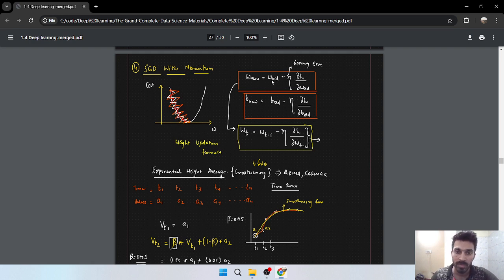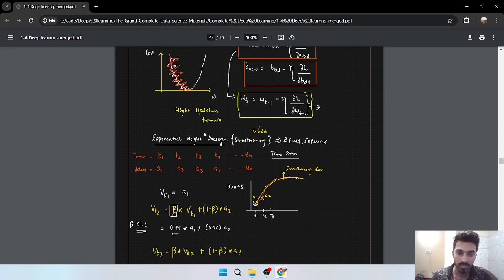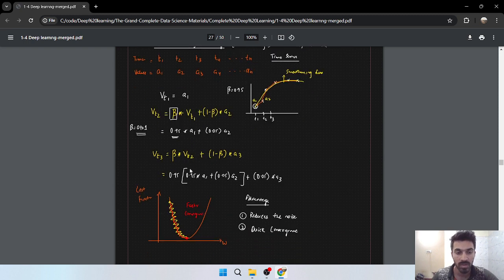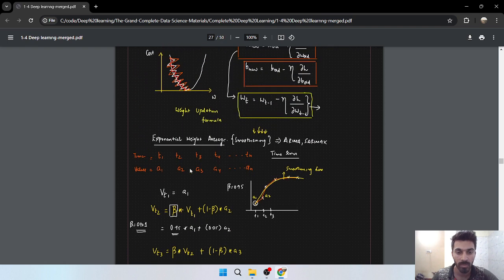So the formula will be W equals W minus eta, where eta is the learning rate. Smoothing line: if your data set has something like a red color line, by introducing smoothing, we will get a smoothing line, which will be able to solve our problem.